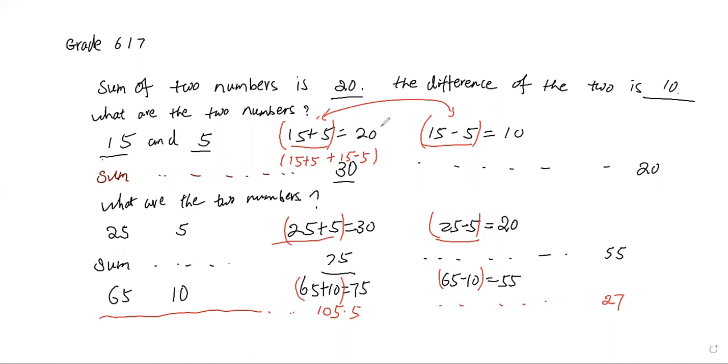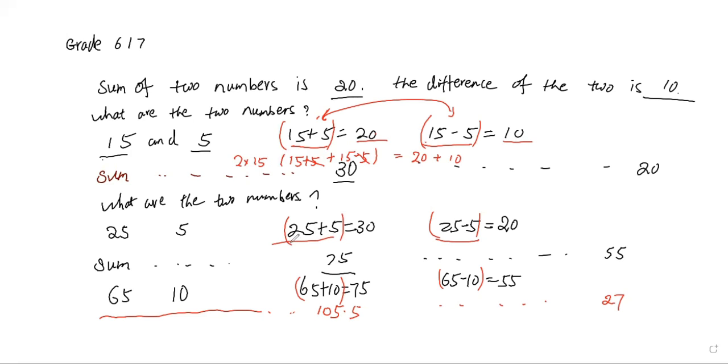You should have 20 plus 10, so you still have that equality. And on this side, the 5s offset each other, and then it's 2 times the big number. 2 times 15 equals 20 plus 10.